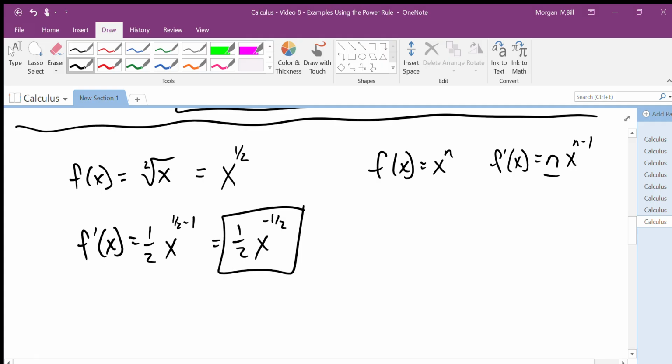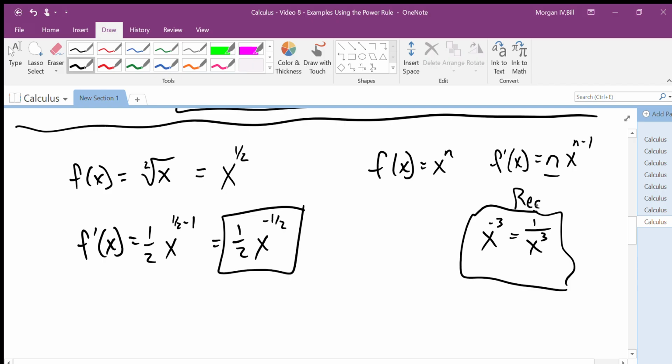Box, feel good. But what does this mean? Remember, a negative exponent means you reciprocate it. Kind of side work over here. X to the negative third is the same thing as 1 over x to the third. This is sort of just kind of recall. An x to the negative 1/2, that's the same thing as 1 over, the 2 stays in the denominator, x to the positive 1/2.